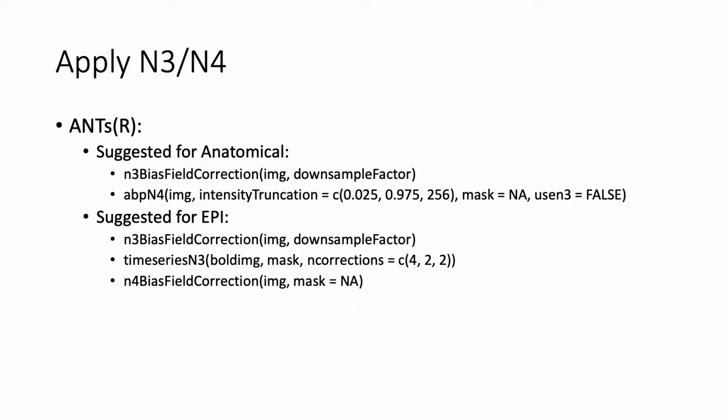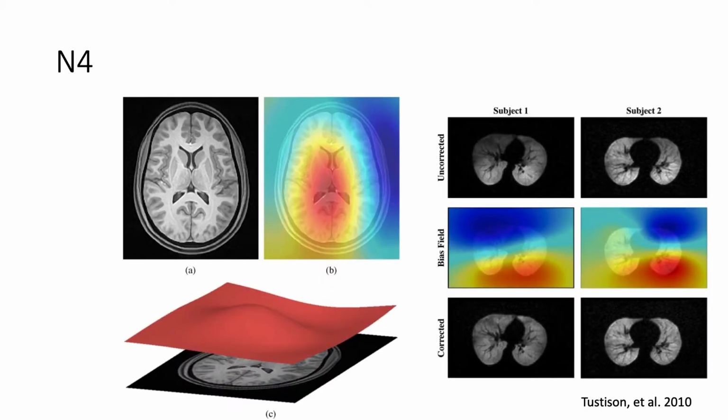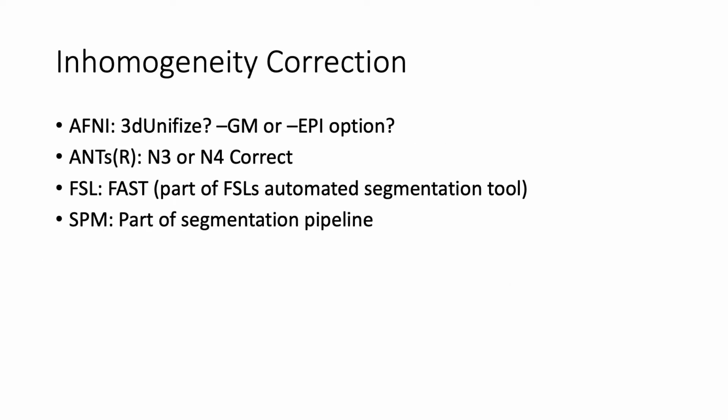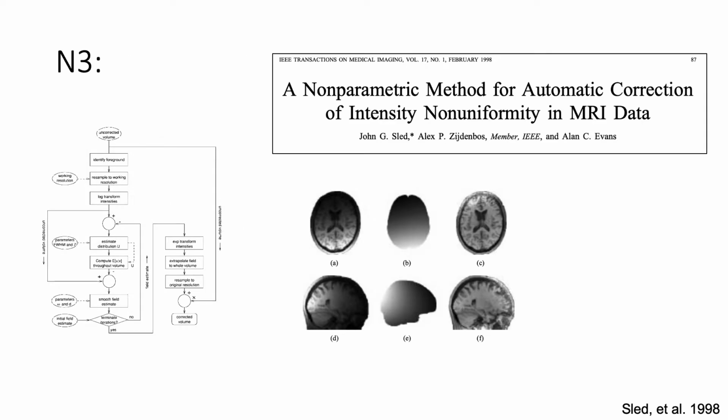Basically, when you load up fast, for example, in FSL through the GUI, there's going to be an option where you select to fix the bias in the field, and that will help adjust the intensity. Same with SPM.